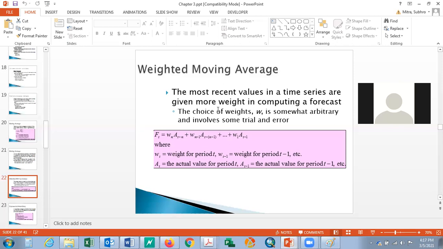Does it make sense? This is what you should remember. Students often make that mistake. The highest weightage is to be given to the current record, and the least weightage is to be given to the oldest record. That's the way you calculate the weighted average.